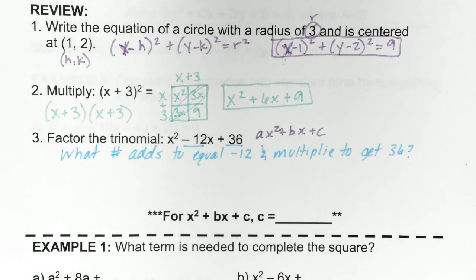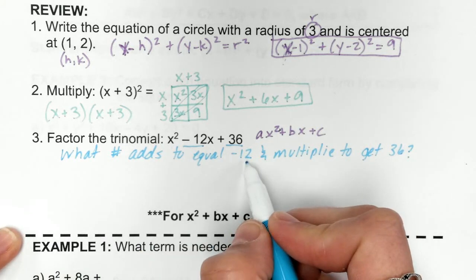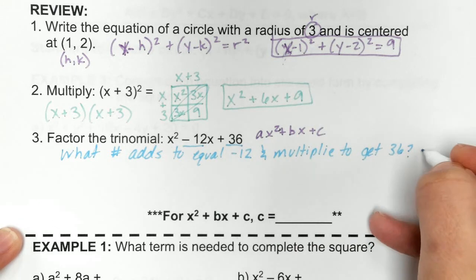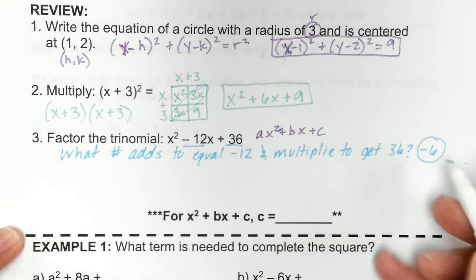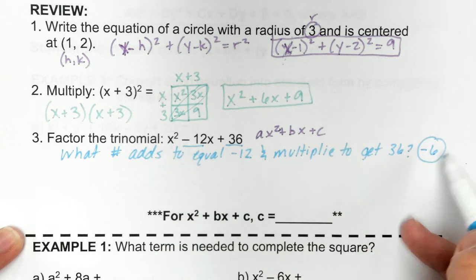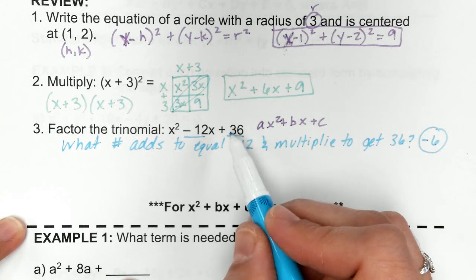So that a, b, and c are going to come into play and be really important here in a minute. So what number adds to equal negative 12, but also multiplies to get a positive 36? The answer is going to be negative 6. Negative 6 plus another negative 6 gives me negative 12. Negative 6 times negative 6, a negative times a negative gives me a positive 36.